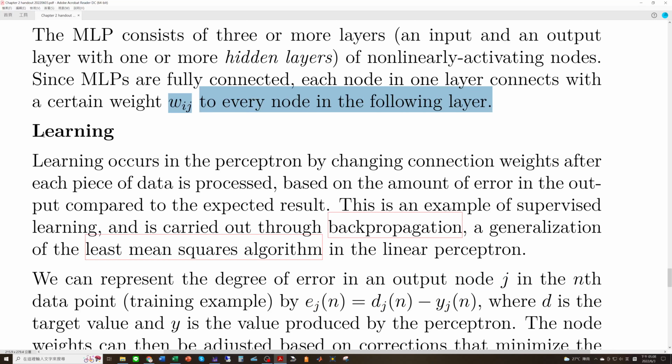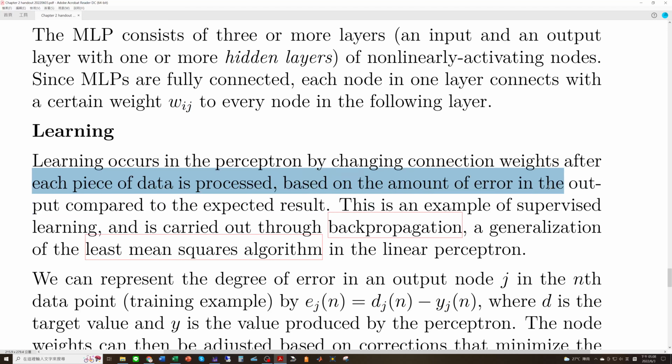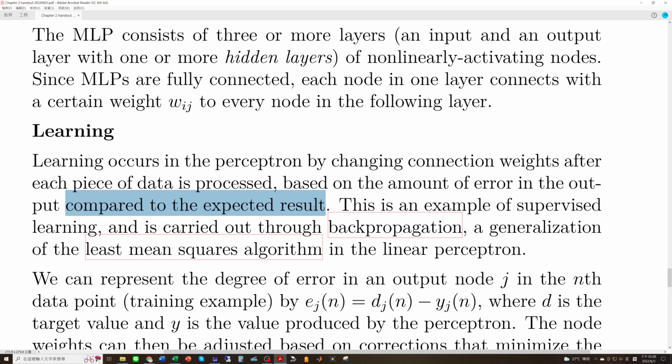Okay, next let us look at the learning issue. Learning occurs in the perceptron by changing connection weights after each piece of data is processed, based on the amount of error in the output compared to the expected result.